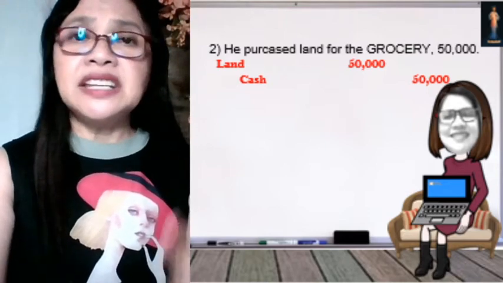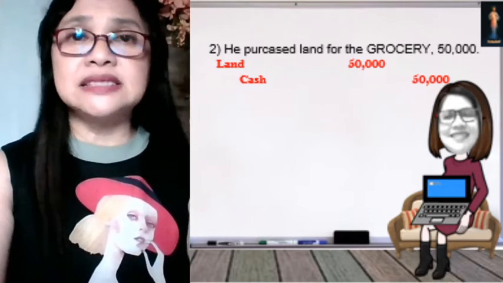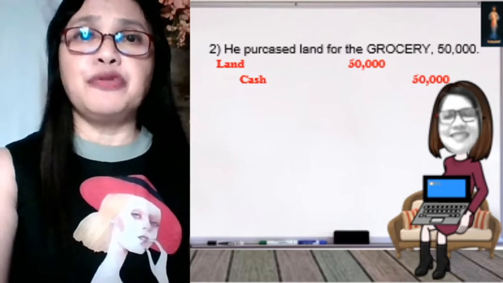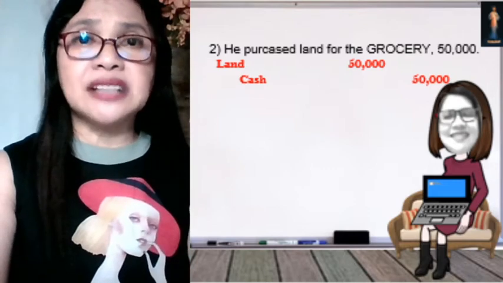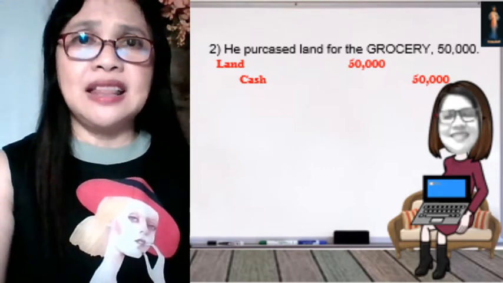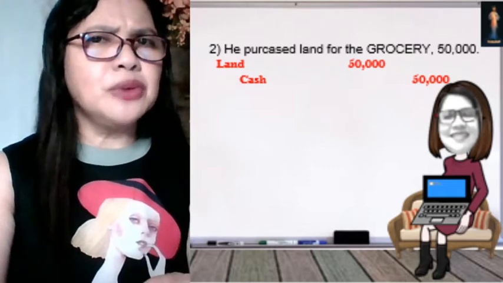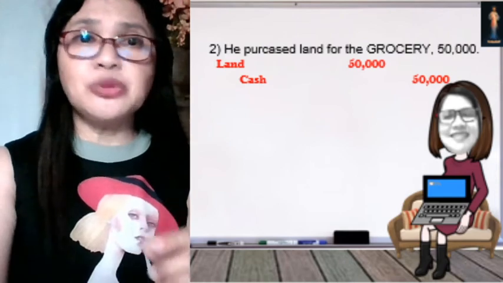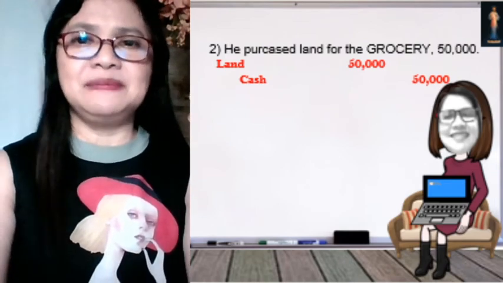But since Juan paid for the land, he disbursed cash, which is another form of asset. But this time, we are decreasing our cash when we paid for the land of 50,000. So when you decrease your asset, what do you do again? Perfect. You credit it. That is why cash is credited by 50,000.